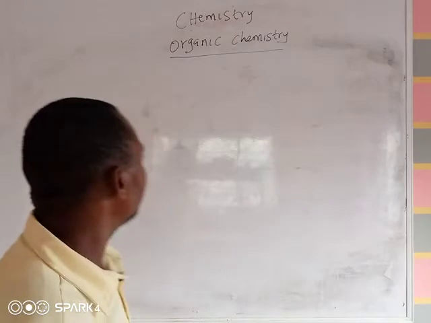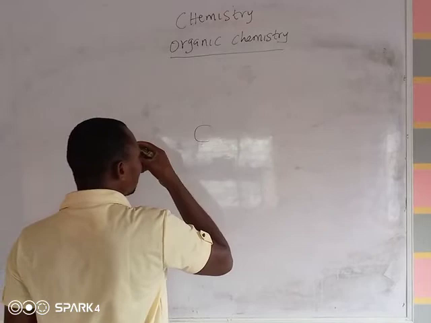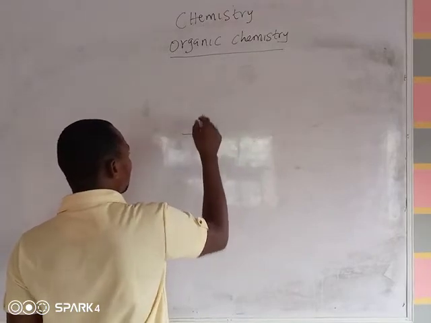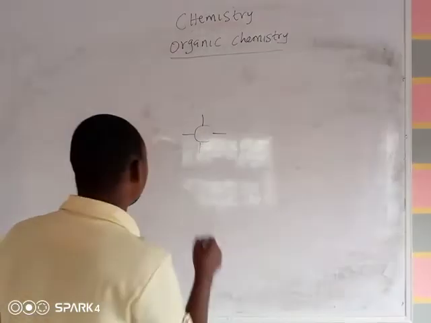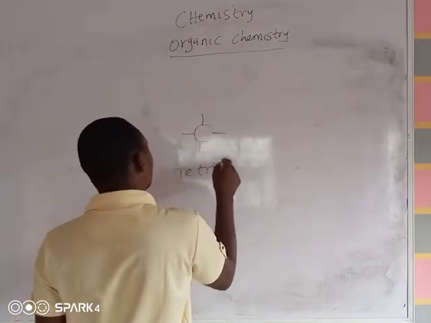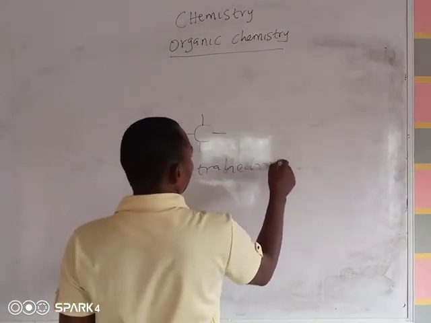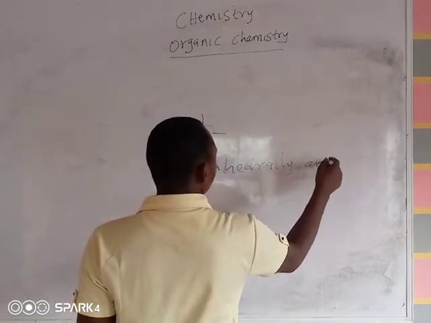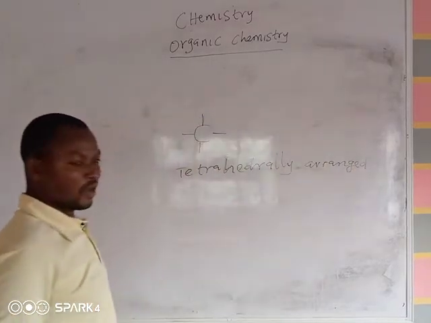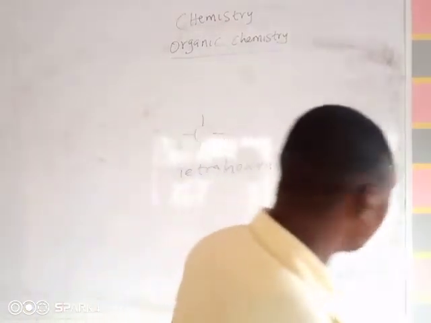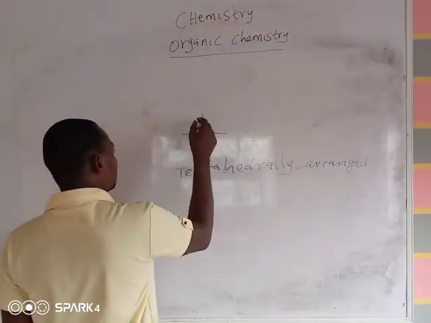So, alkanes have a bond angle. Alkane is tetrahedrally arranged. So that's why we can have something like this. This is 4, I told you. Alkane is tetrahedrally arranged, and it has a bond angle.